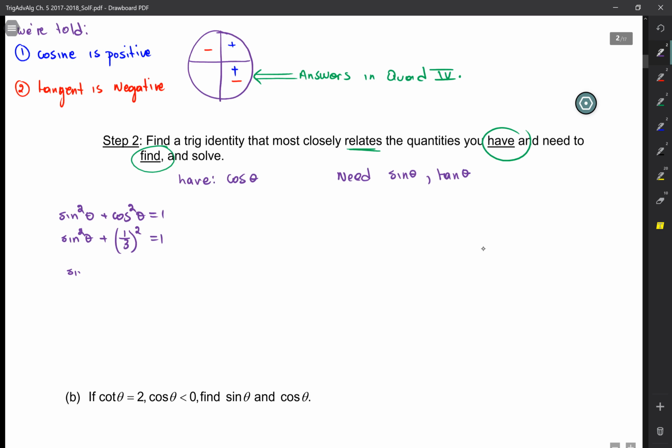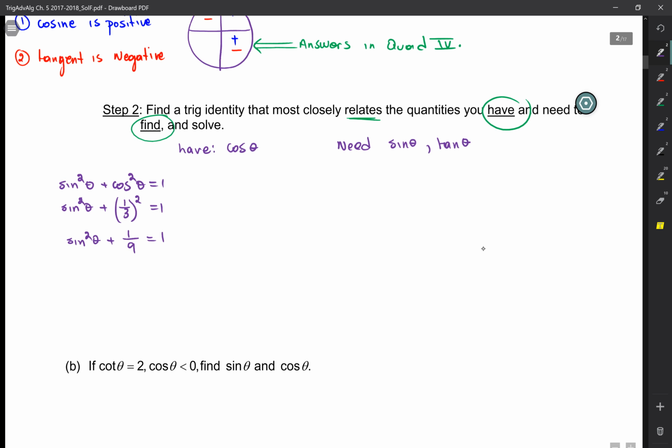Sine squared theta plus 1 over 9 is equal to 1. All right, now we're going to subtract 1 over 9. So sine squared theta is what over what?